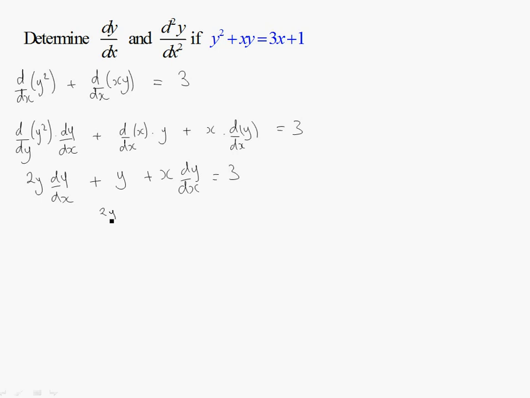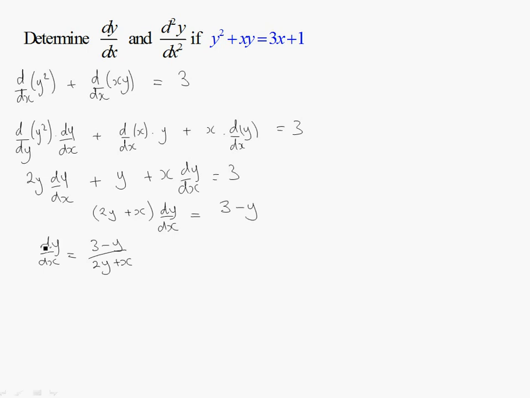So we'll end up with 2y plus x times dy by dx equals 3 minus y. I've taken the y across and I've factorized out the dy by dx from those two terms. And then I just need to divide, so dy by dx will be 3 minus y over 2y plus x.